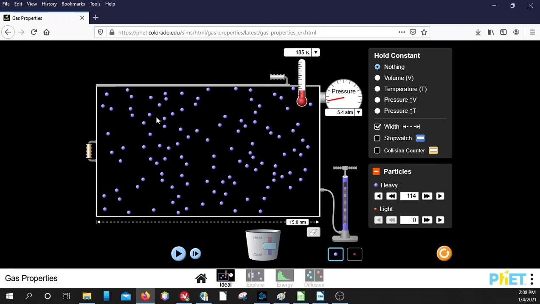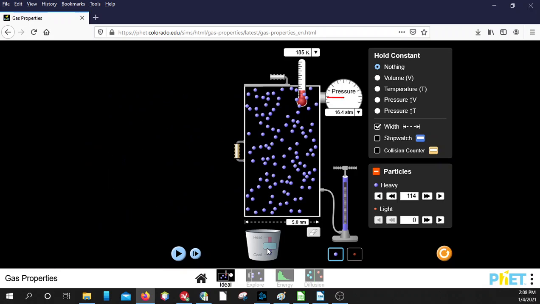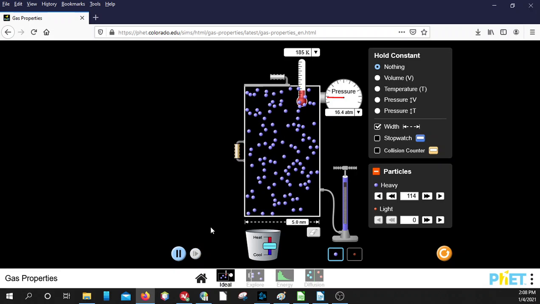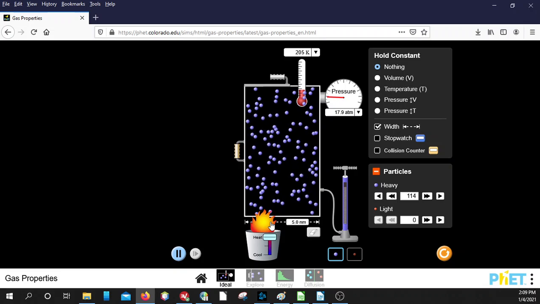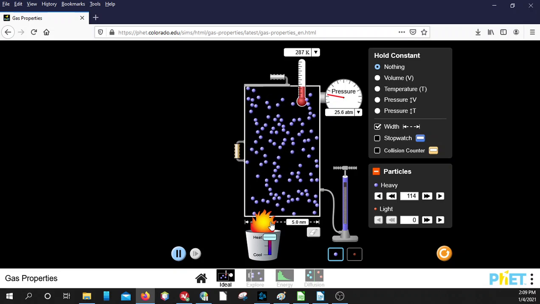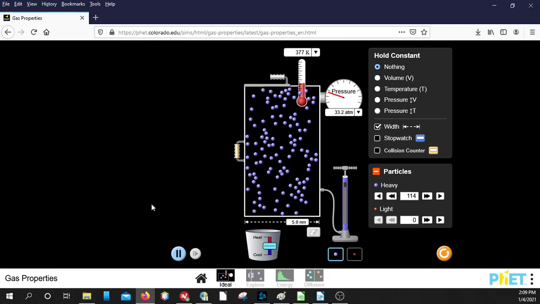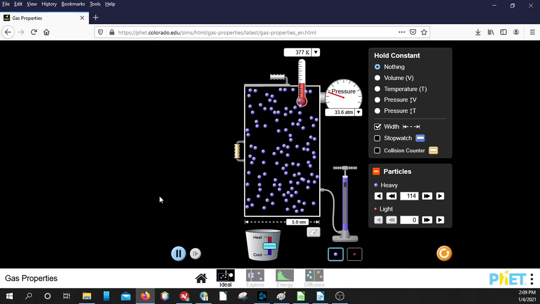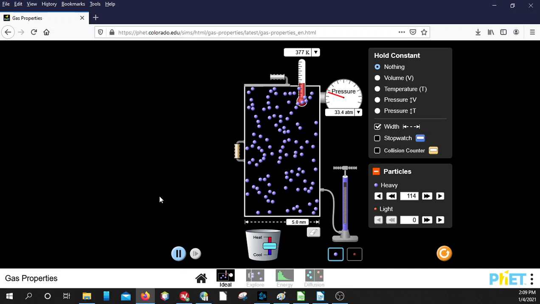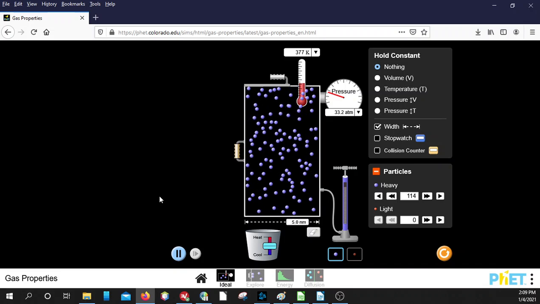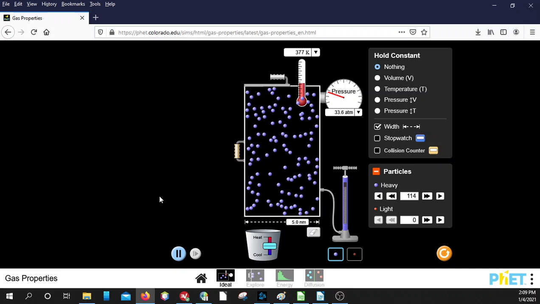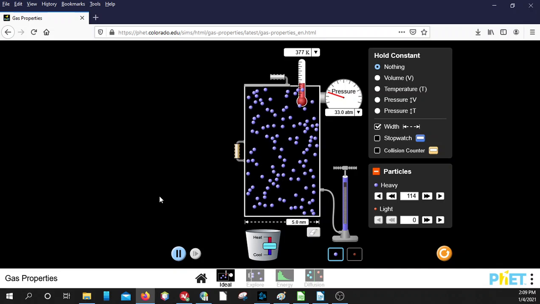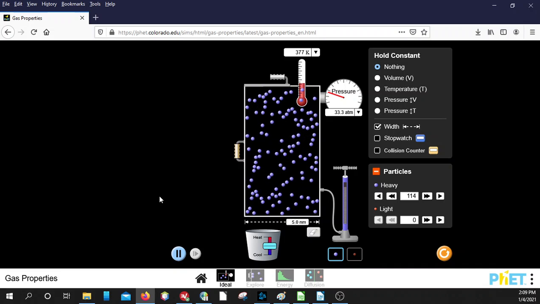I'm now going to change the temperature and get another set of measurements before going to the spreadsheet. So I'm going to heat up the gas. Let's say 377 Kelvin. Okay, I'm writing that number down so I can put that in the spreadsheet as well.